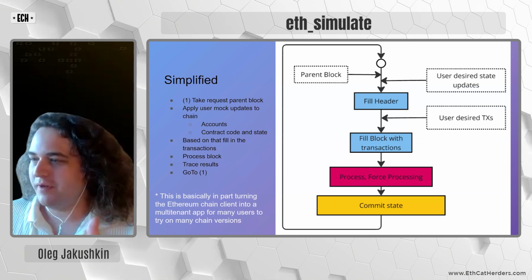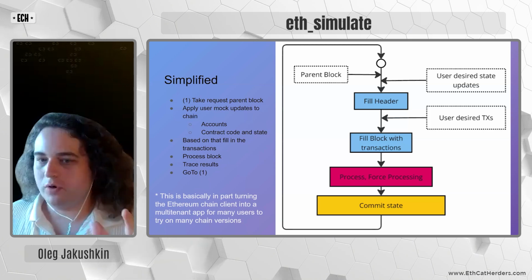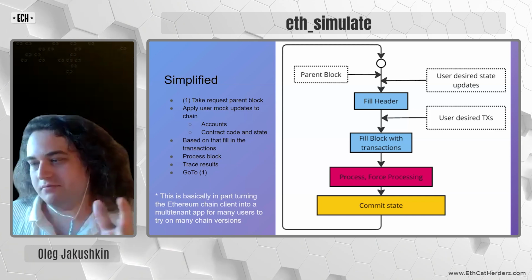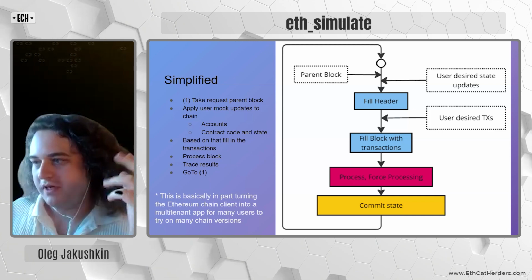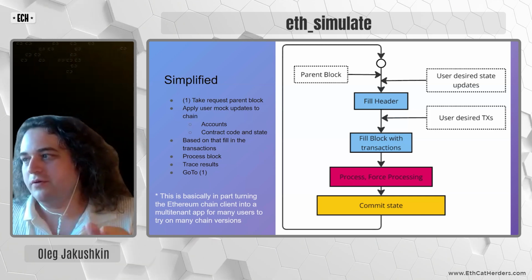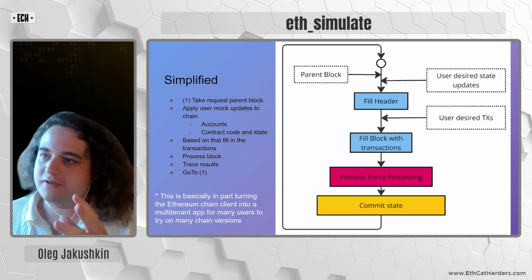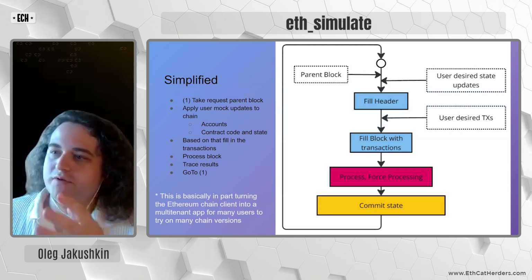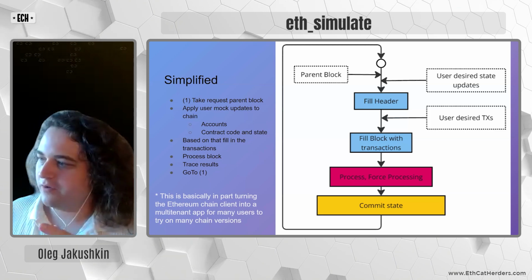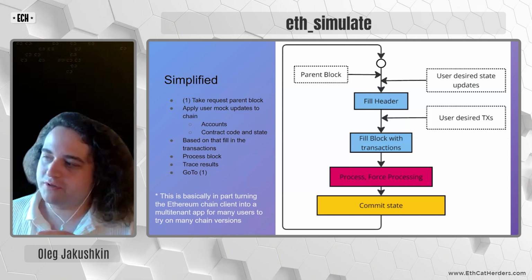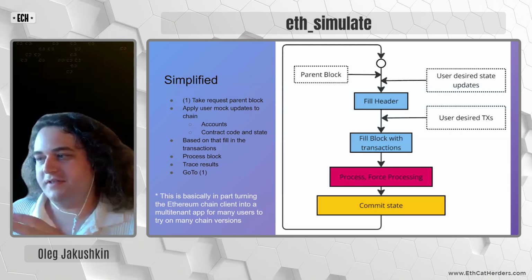To actually implement it, our code allows users to take any parent block they want. We take that block, if it is on the node, we take its header, we take user desired state updates, for example, for contracts, for user balances, for any account changes that are wanted. And then we also take user overloads for precompiles and stuff like that.